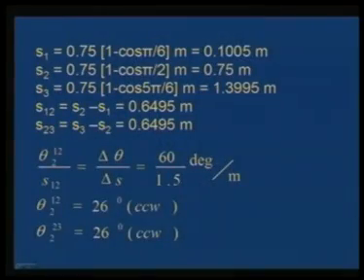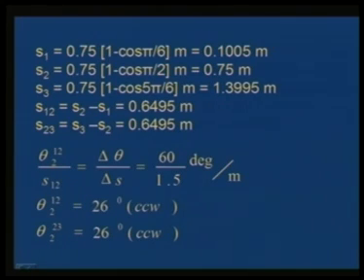So in the first stage of the synthesis, the problem boils down to designing a slider crank O2AB such that the sliding movement at the slider positioned at B is coordinated with the rotation of the crank O2A according to this relation. The 26 degree counterclockwise rotation of the crank should produce 0.6495 meter vertical travel of the slider.